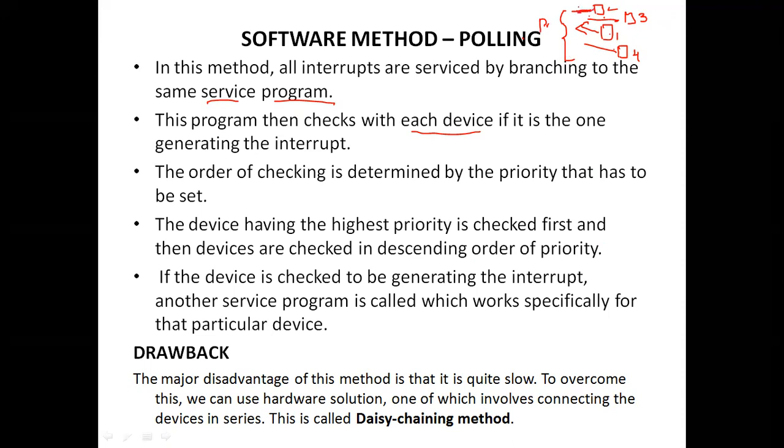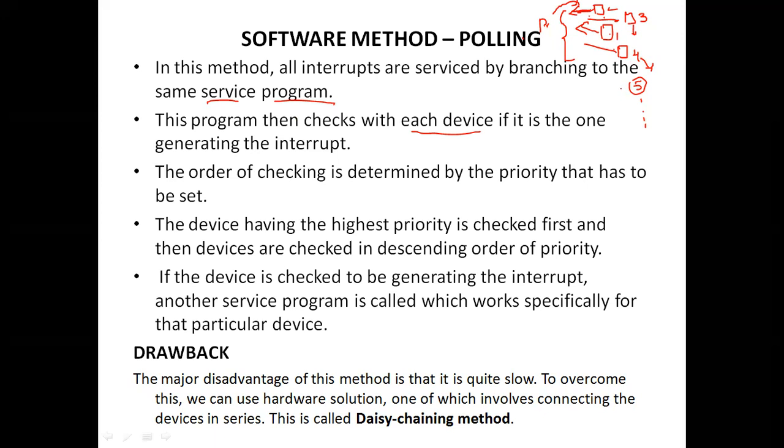If it has sent the request, it will attend to this one. Next, it will check the third one, and like that the fourth one. If they send the request, it will attend. If not, they have not sent the request. So based on the priority, it keeps on checking. Here, the device generating the interrupt is checked, and another service program, which works specifically for that particular device, is called.